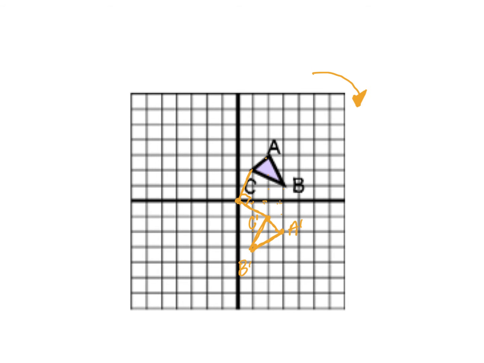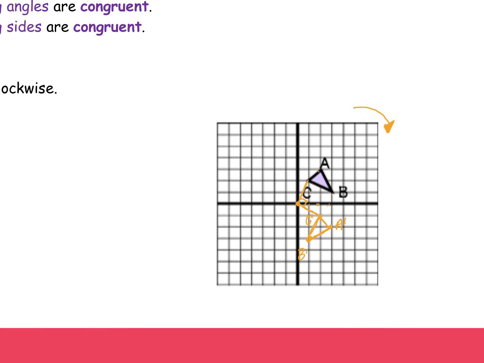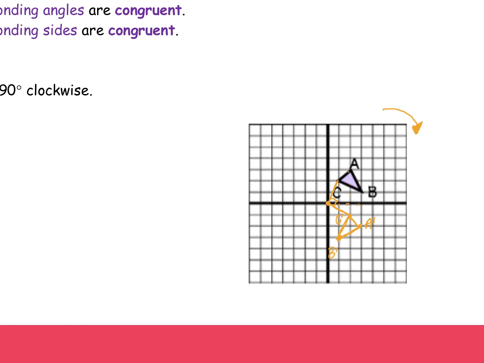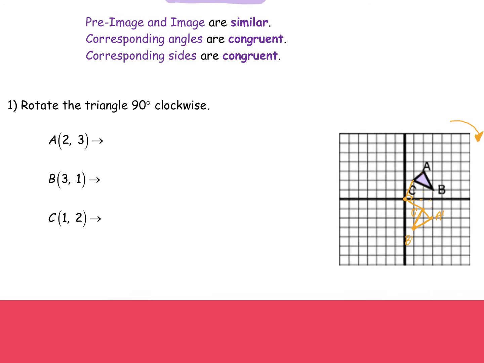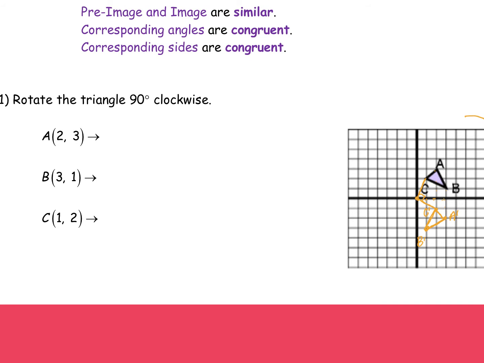And if we look at the numbers, let's go back to the coordinates now. A prime becomes 3, -2. And look what happened. My y became my x, and my x became negative.